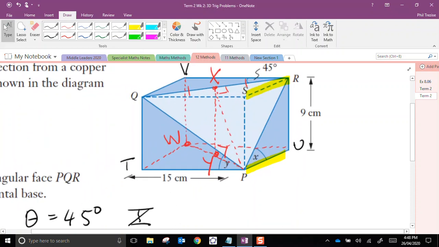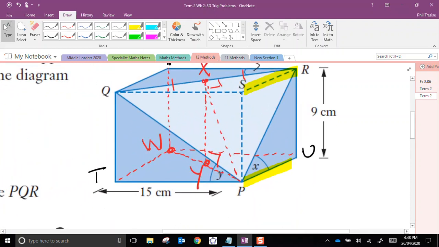Now just zoom up a bit on that so I can help you see it. I'll highlight it in green. That's the line running down the middle of the oblique face. That's the line running across the base from point P directly to point W, I'm sorry.